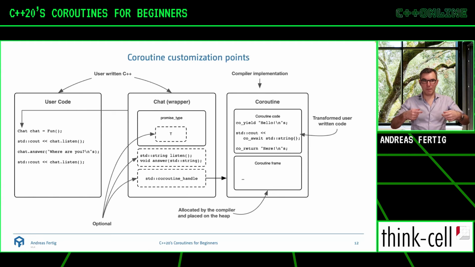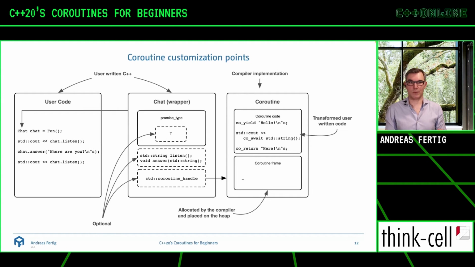And that internally must contain a promise type, whether it contains storage space for T or for multiple T's, in my case, two std strings. That's optional to the compiler. It might be vital for our implementation, but the compiler has no saying there that it's required. The member functions that chat comes with, listen and answer, these are my designs. So you can go totally free of them. You can name them differently.